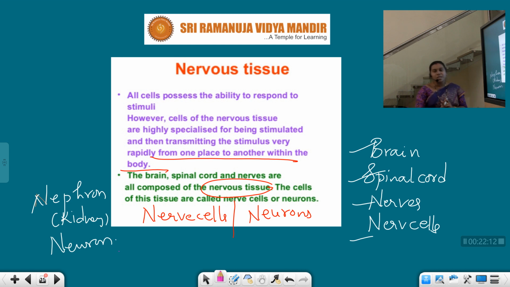See children, tissues is a very important lesson when compared to other chapters. The reason is that now you are studying 8th class. In 9th also you will get this tissues lesson, and when you cross the 10th standard, in the 11th or 12th class zoology, you will have this lesson.